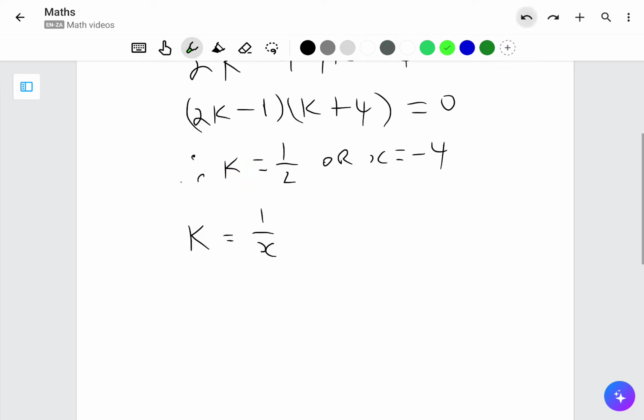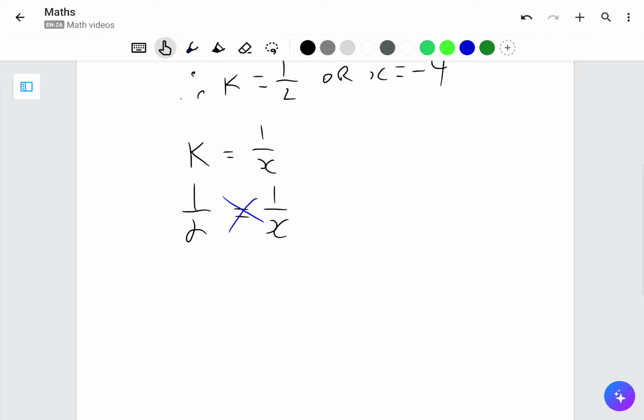So if k is a half, we can substitute a half in the place of k, and this will now equal 1 over x. We can now cross multiply, right? You guys with me? So this will now be 1 times x, which is x, and 2 times 1, which is 2. So therefore, x equals 2.